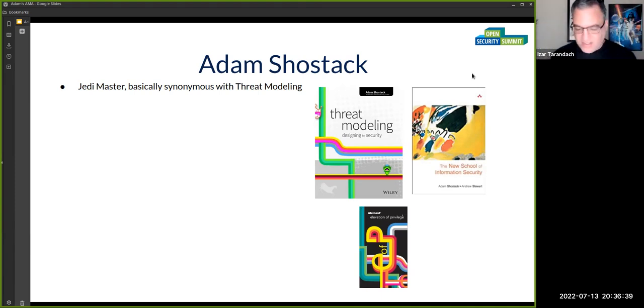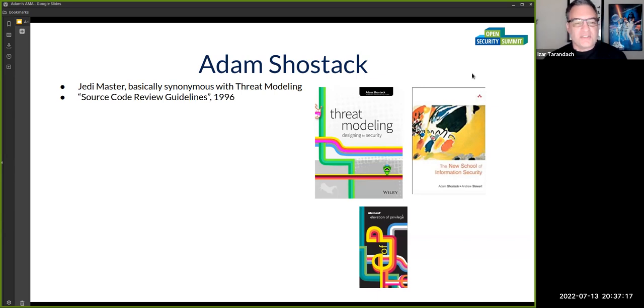The first of the many things that impressed me with Adam was the clarity with which he could take the most complex stuff, sum it down to its skeleton, and get people to actually understand that and be able to use it. Since then, to me, he is a Jedi Master. He's basically synonymous with threat modeling. I personally consider him the Richard Feynman of threat modeling. The way that he put together the 4 questions and drew that backbone that everybody has been riding on since.